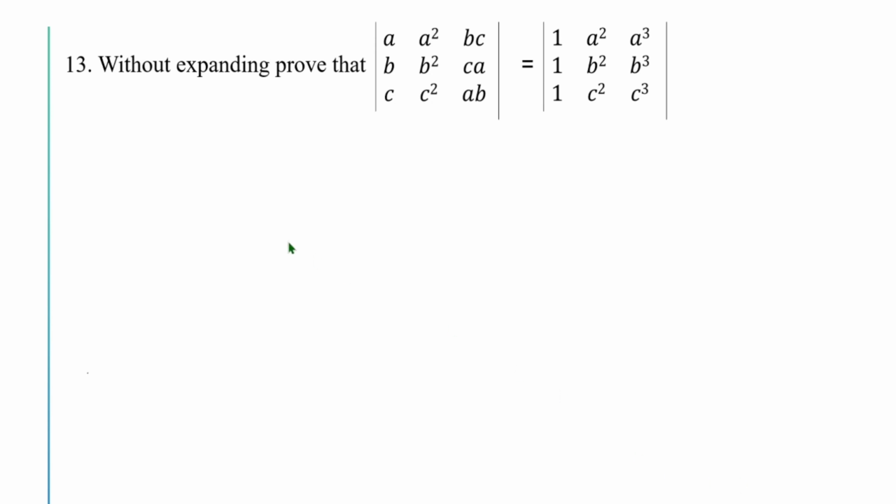The next question, without expanding, prove that the determinant a square, bc, b square, ca, c square, ab is equal to this determinant 1, a square, a cube, 1, b square, b cube, 1, c square, c cube.